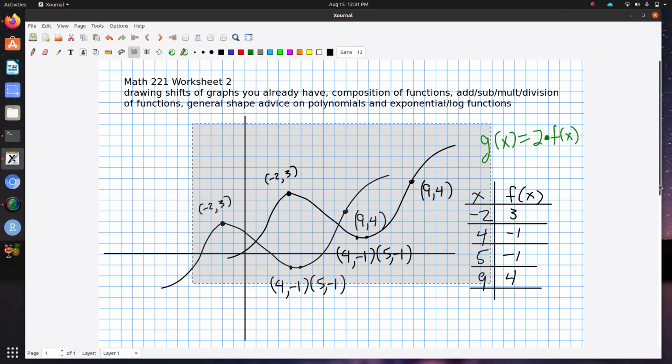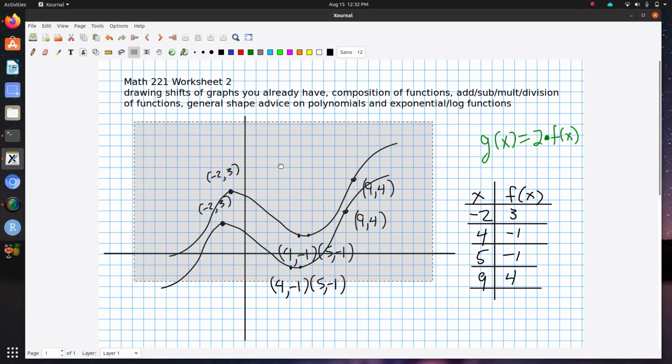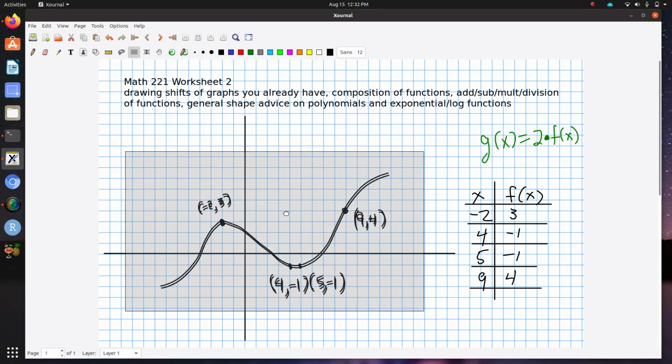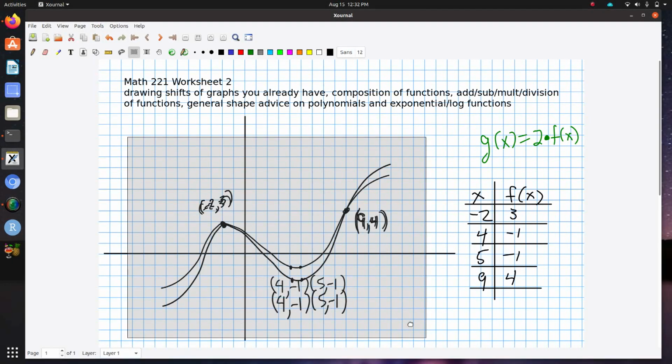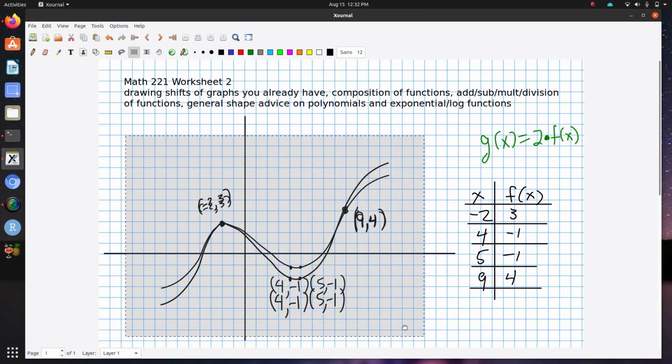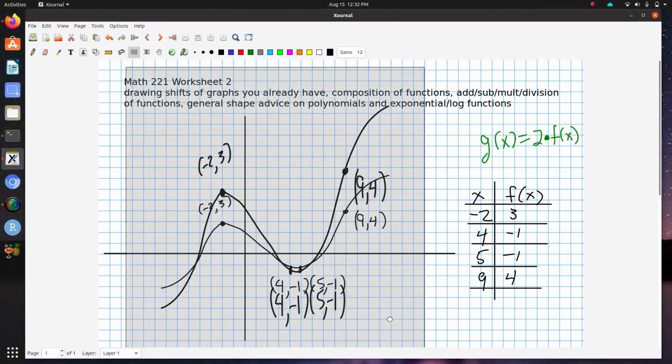But first, I'll just have to live with it. This guy is going to have to stretch so that the -1s go to -2. But I need to stretch it so that the 9,4 becomes 9,8. So I'm going to have to stretch it by twice its size.